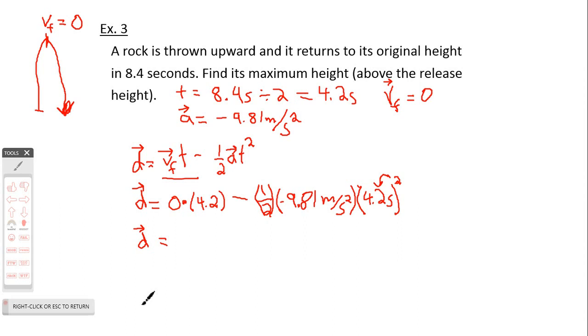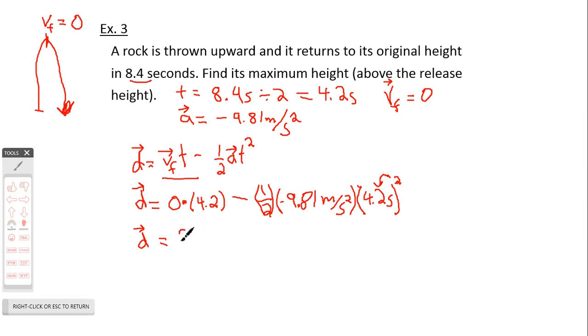Meters per second squared times 4.2 seconds squared. And when I'm punching this into my calculator, I probably need to put brackets around the 1/2 if I'm leaving it not as a decimal.